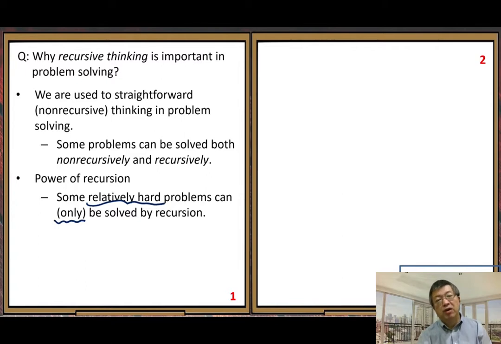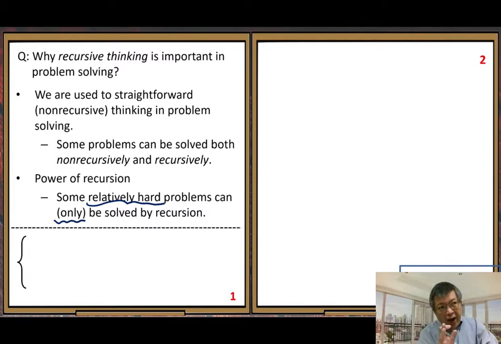But in real-world situations, that could be really, really hard. In our second example, you will see it is extremely hard if you want to solve it without using recursion. For that reason, I put this parenthesis.